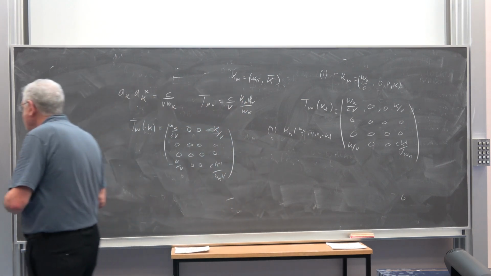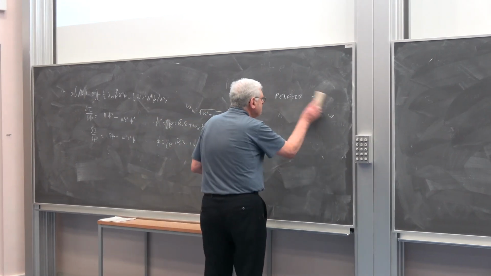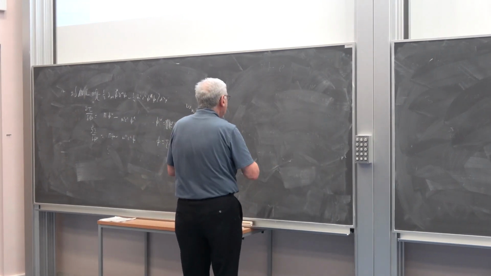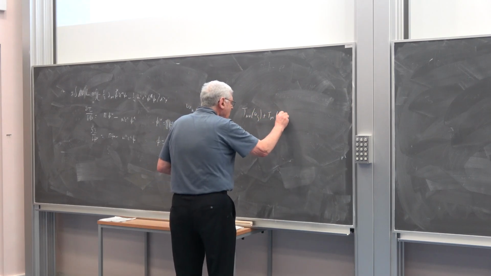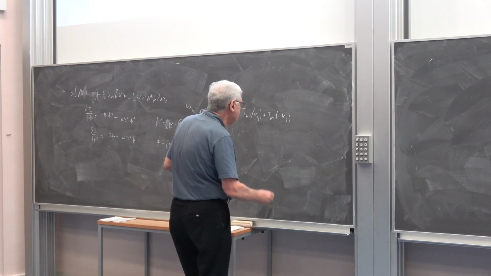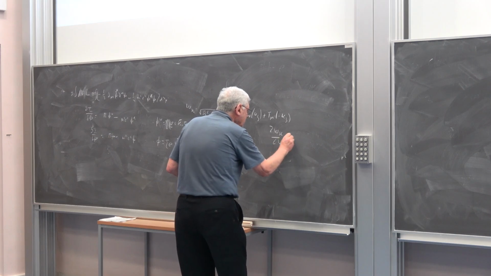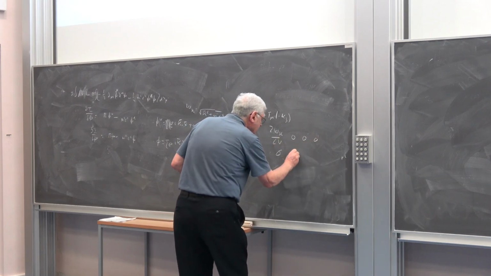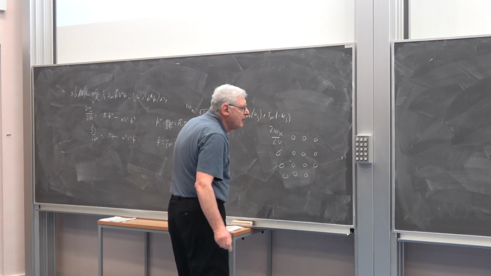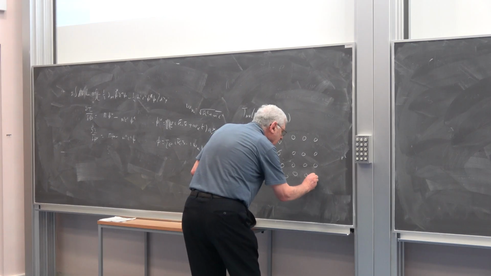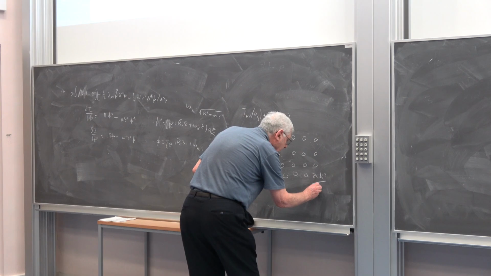When I add them incoherently, I get T^{μν} of k_z plus T^{μν} of minus k_z, add them up together, and you see something remarkably nice happens. 2 omega_k over cV, 0, 0, 0, 0, 0, 0, 0, 0, 0, 0, 0, 0, 0, 0, and the last one is 2 c k squared, I think it is, over omega_k.